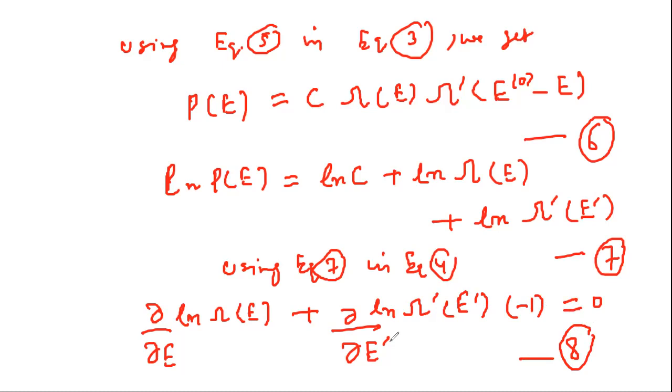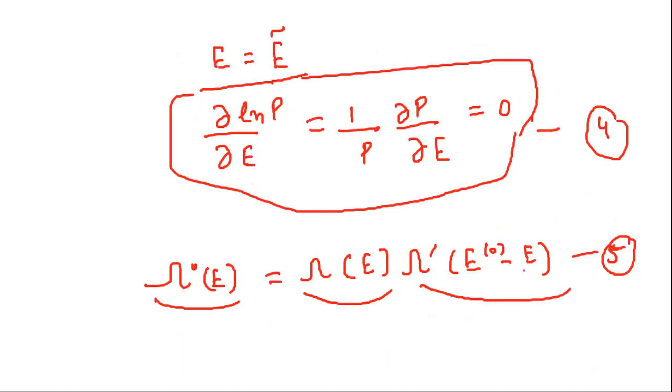See what we have done: we find the derivative of this equation 7 partially with respect to E when putting it in equation 4. You have to put ln P here, differentiate it with respect to E, and equate that to 0.